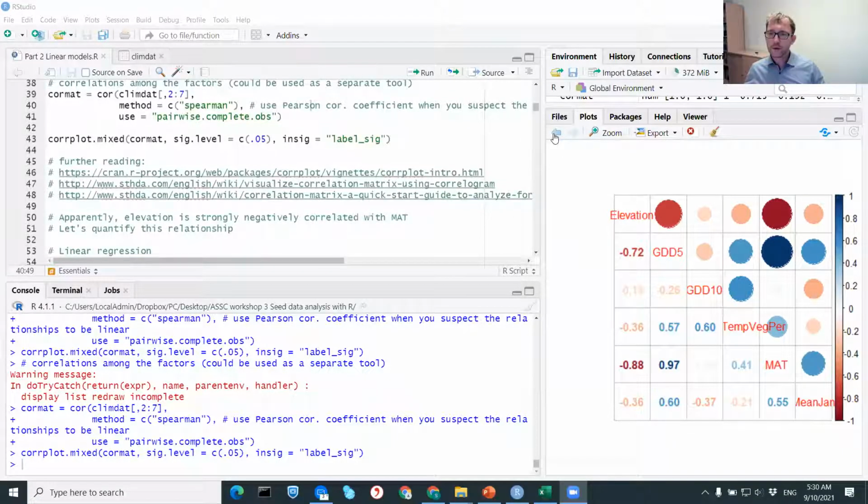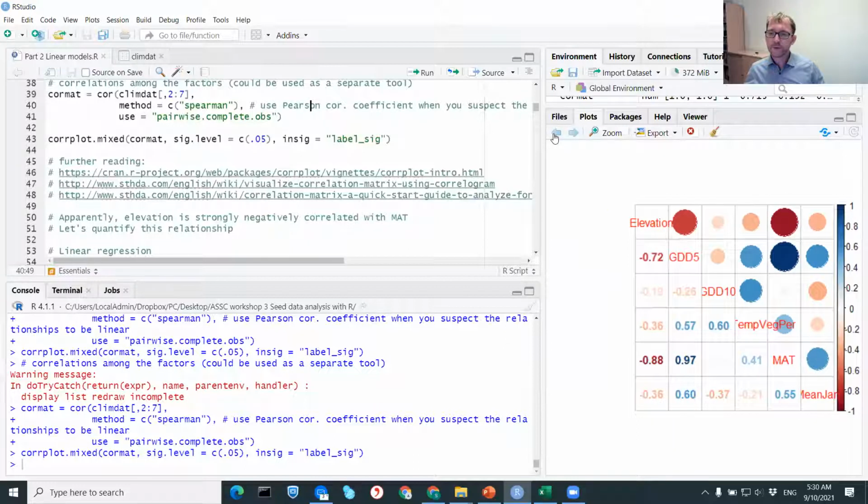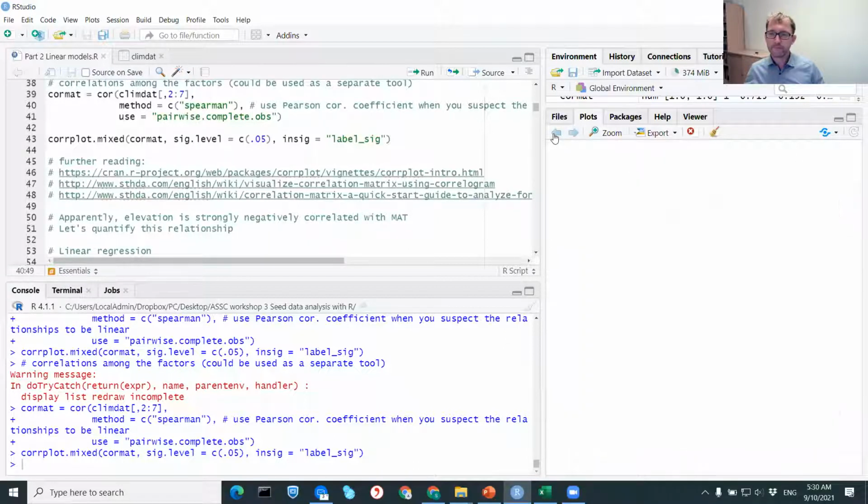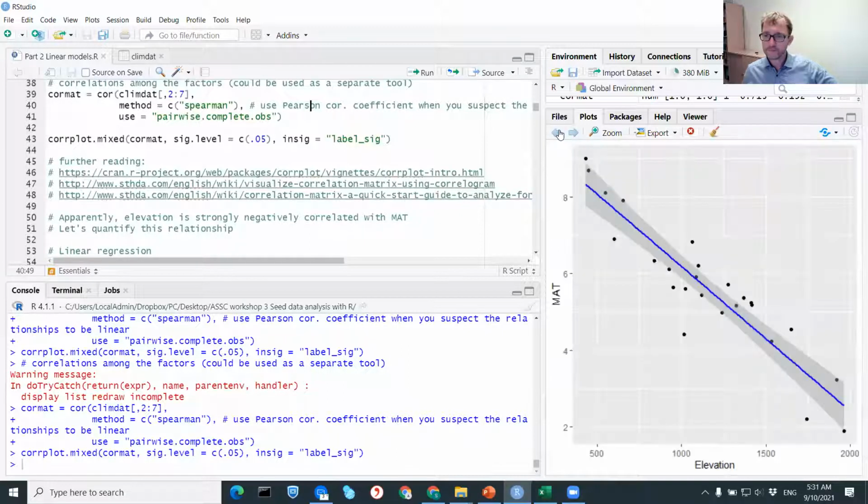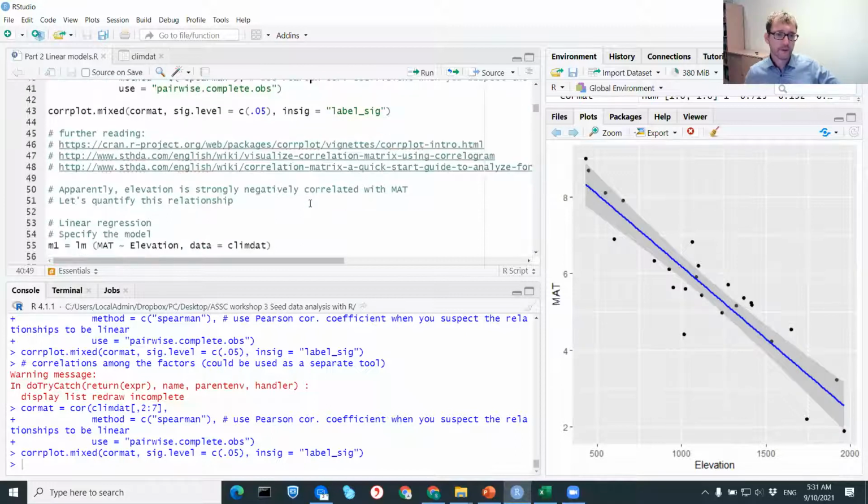So what we can see from the previous graphs, from this visualization exercise, is that elevation and mean annual temperature are strongly negatively correlated, right? You can see that it's almost a perfect linear relationship, which is kind of rare in ecology, right?